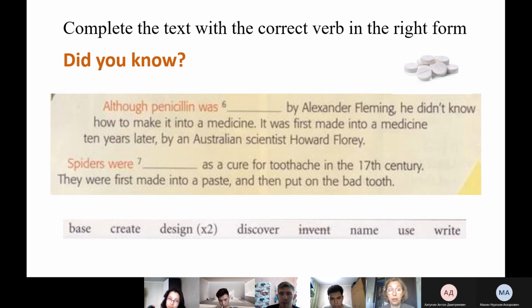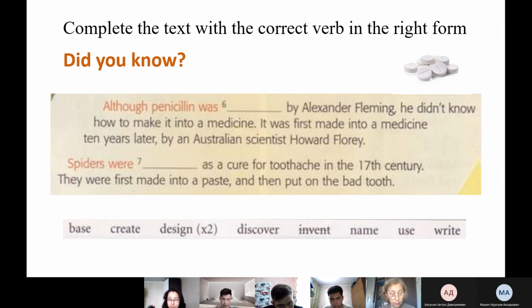Yes, was invented. Был изобретен Флемингом, но он не знал, как его применить в медицине. И впервые в медицине через 10 лет его применил ученый Howard Florey.